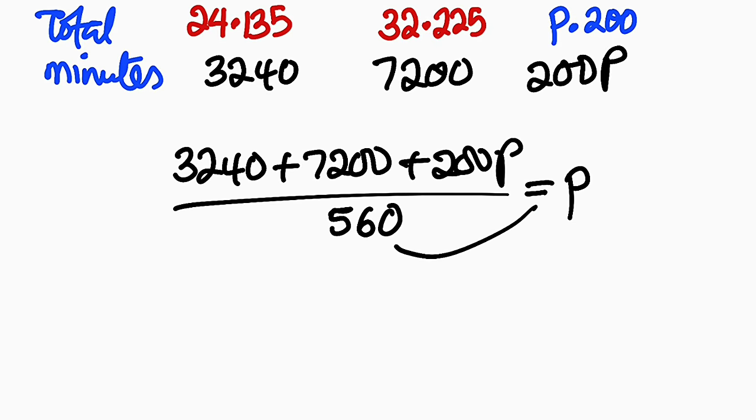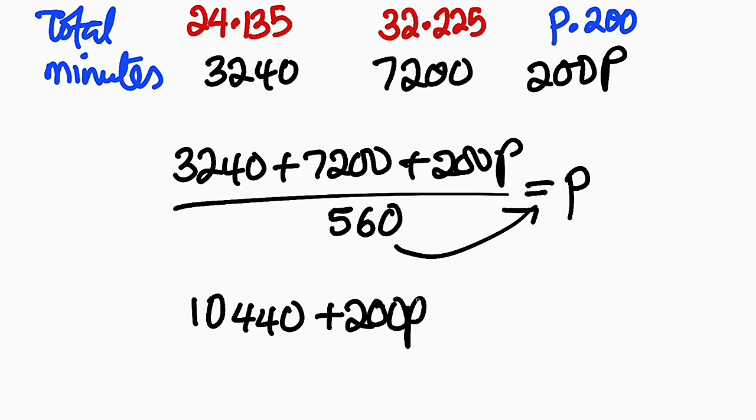So we can cross multiply like this. But what is the sum of these two numbers? 3,240 plus 7,200. That will give us 10,440 plus 200p. This is equal to 560 times p.